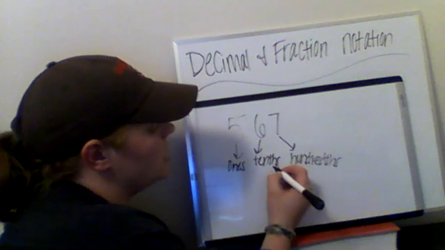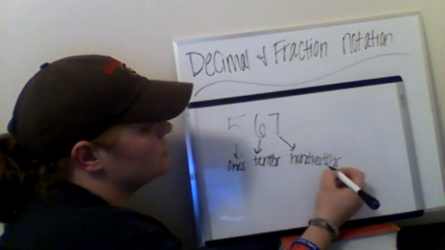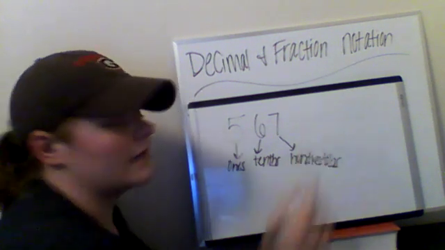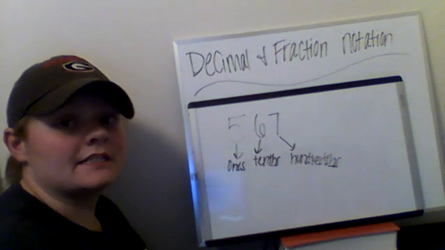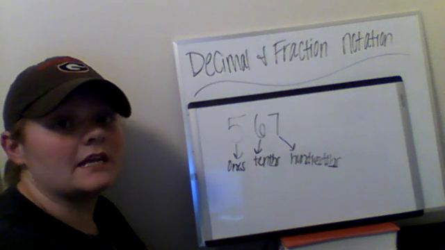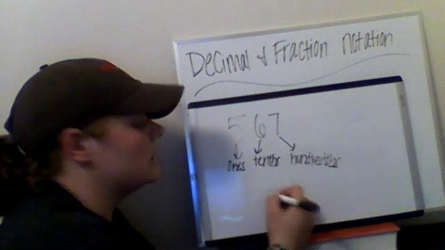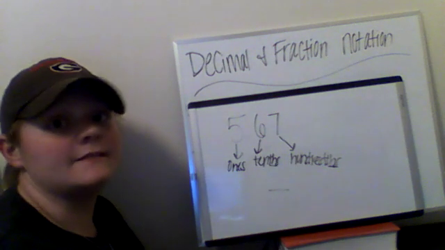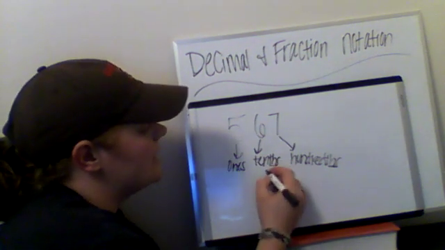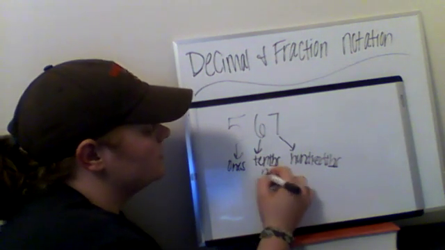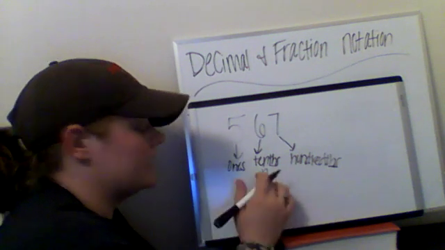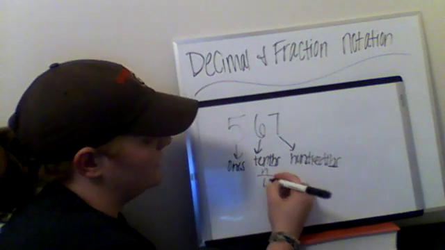okay? And all of these place values to the right of the decimal just mean that these numbers are going to be divided by 10. So these numbers are just going to be over a base of 10. Our tenths would be a number, I'm just going to say n, that represents a number over 10.